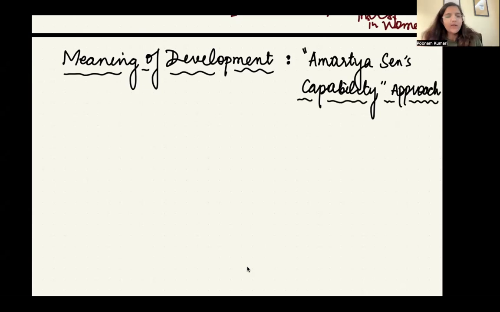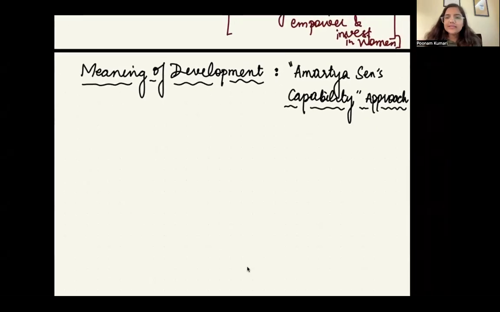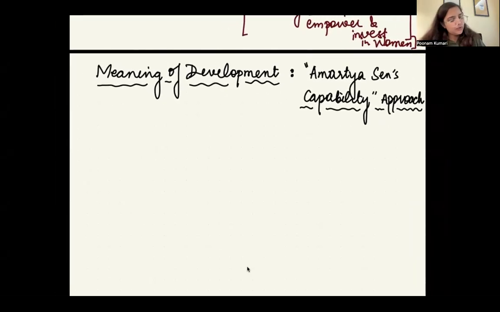So what is the meaning of development in this sense? In 1998, the Nobel Prize in economics was given to Amartya Sen.